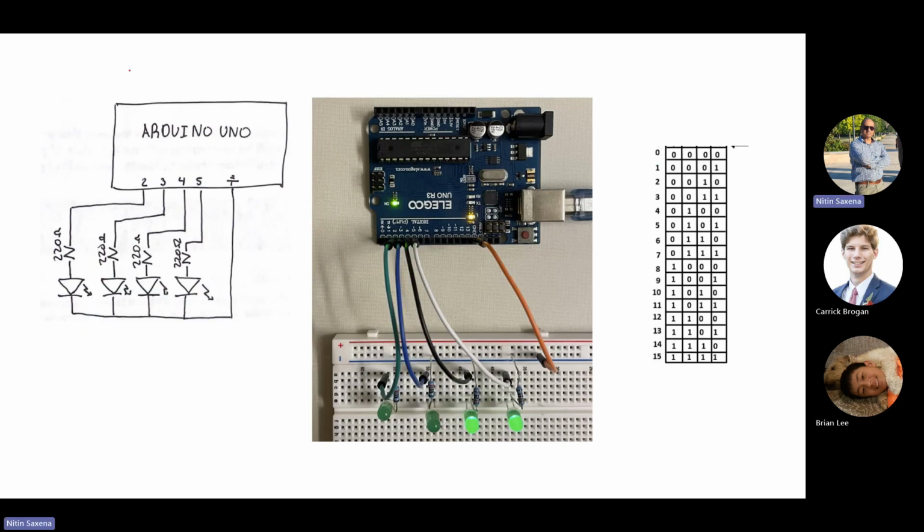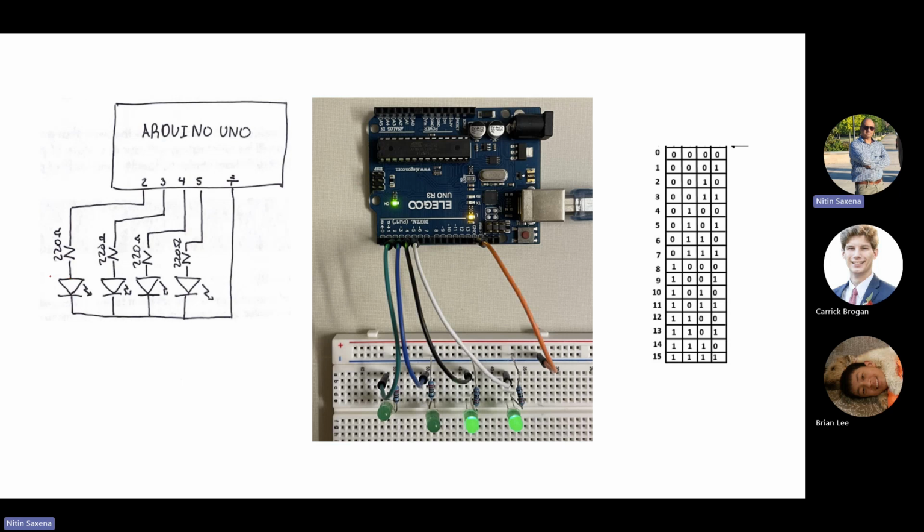You can see a simple circuit diagram. On the Arduino UNO, we are using 4 pins, pin number 2, 3, 4, and 5, and a ground pin from the Arduino. You can see that here on the Arduino board. Pin 2 is connected with a 220 ohm resistor, and this is connected with the positive side of our LED.